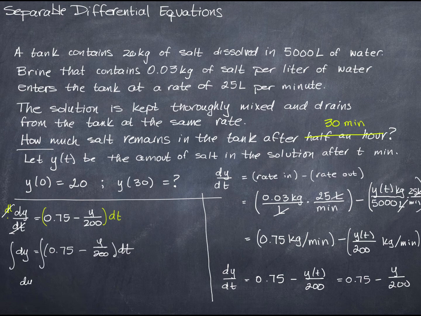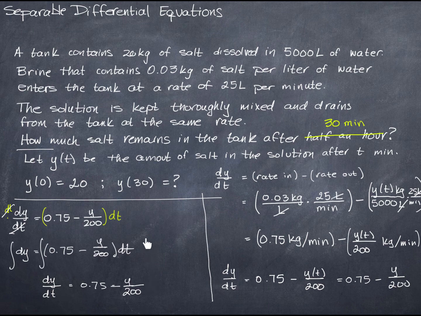I think I need to give myself a bit more room. It's actually the story of my life. dy dt equals 0.75 minus y over 200. How could I get all my y's on this side and all my t's on this side? Well, there's no t here at all. So it's tempting to say, well, let's just add y over 200 to both sides.